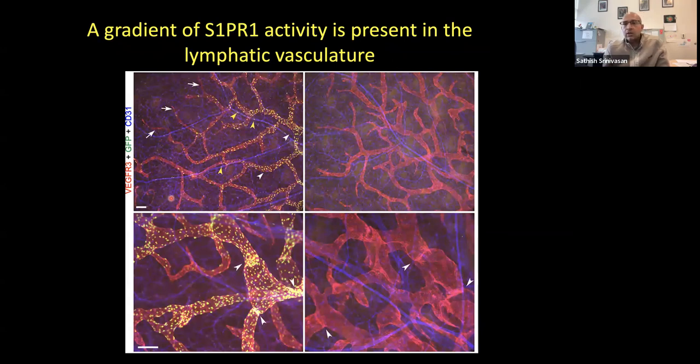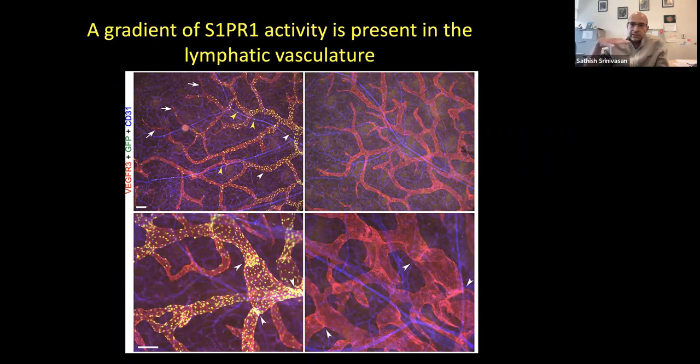This is again the dorsal skin of the mouse embryo. GFP is in green here, and VEGFR3, that's the lymphatic vessel, in red. And you will notice that there is this beautiful, very interesting pattern of GFP expression. GFP, indicating S1PR1 activity, is weak in the migrating tip cells.